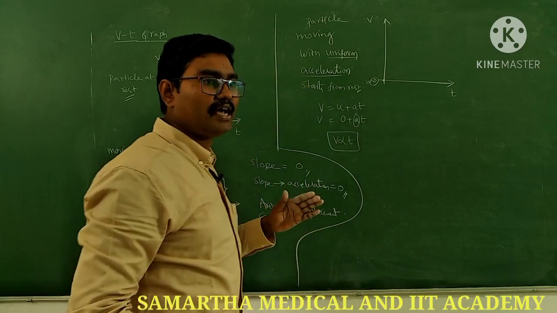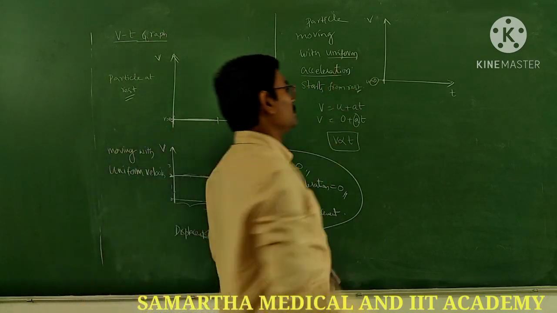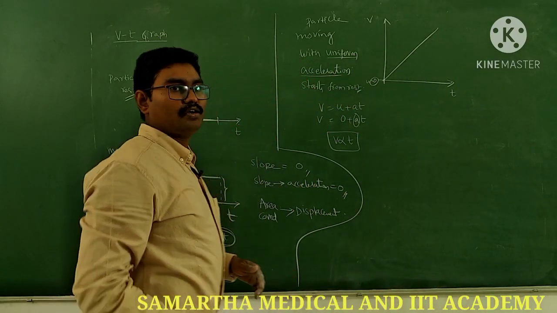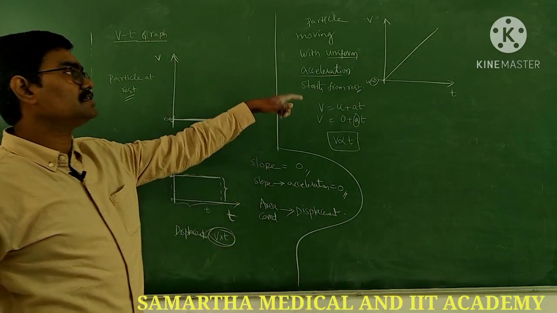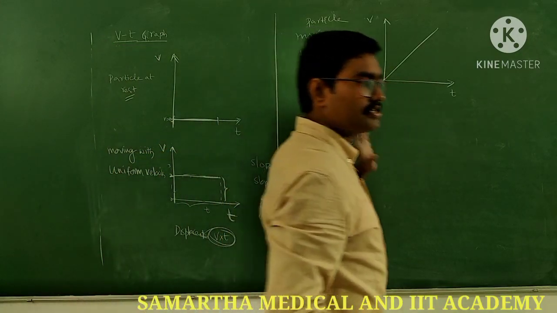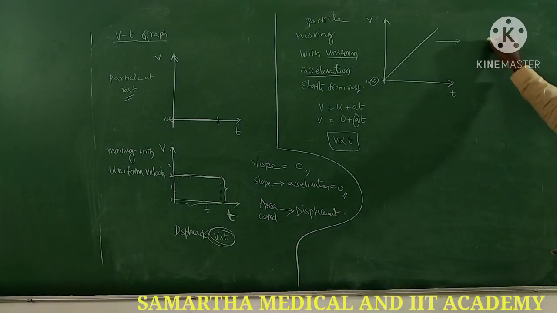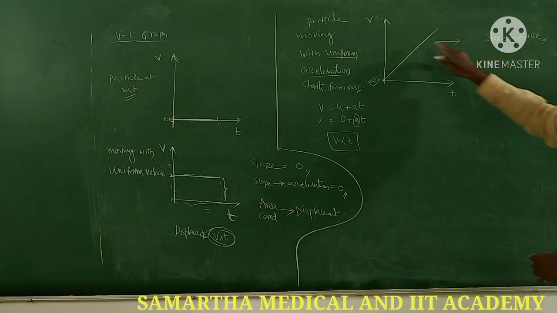That means it's a straight line passing through the origin. Okay? v is directly proportional to t. What does it represent? Uniform acceleration. What about the slope? Positive slope or increasing slope? Positive slope.